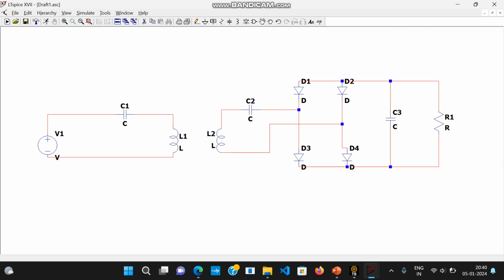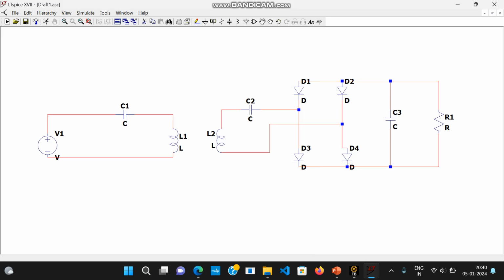Okay, this is how our circuit will look after connecting all the components as per this diagram. Now it's time to specify the value to each component.